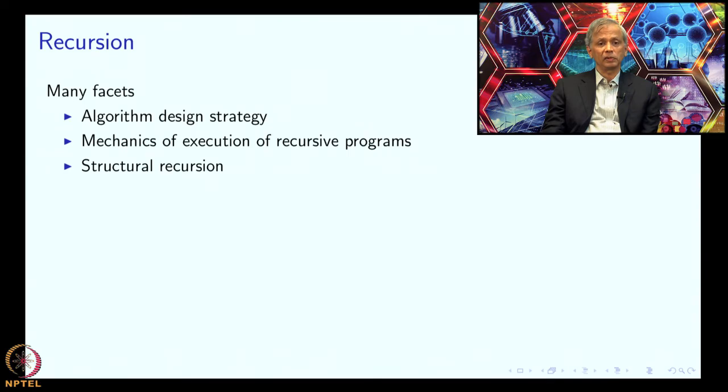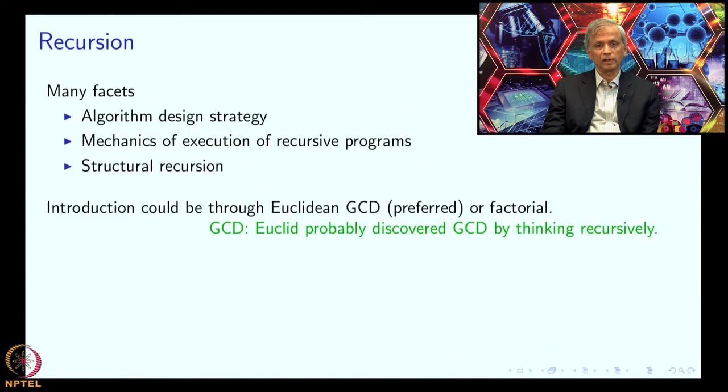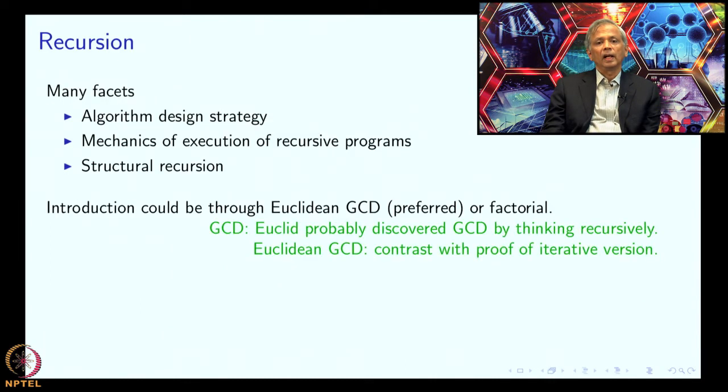So which of these things should you talk about? Well, the introduction could be through Euclidean GCD, which I prefer, or you could use factorial because it is simpler. If you talk about Euclidean GCD, then its proof of correctness or termination can be contrasted with the proof of correctness of the iterative version.